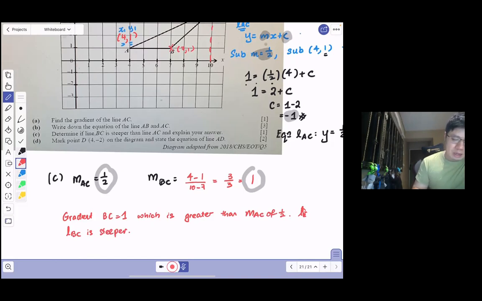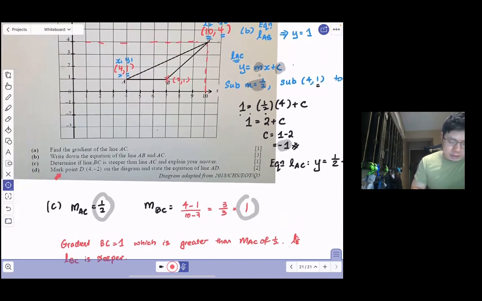For part D, we have to mark point D (4, -2) on the diagram and state the equation of line AD. Where is (4, -2)? x equals 4, y equals -2, somewhere here. Then we state the equation of line AD. This is point A and this is point D, and this is a vertical line.